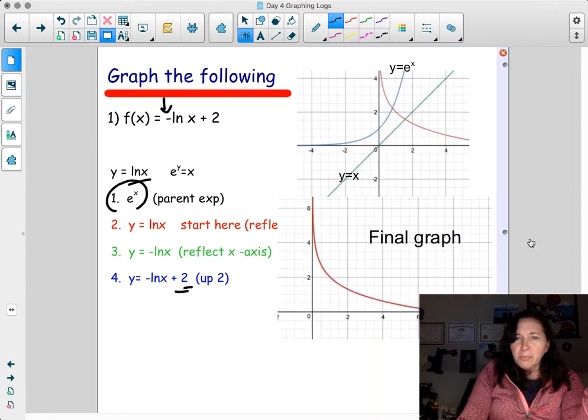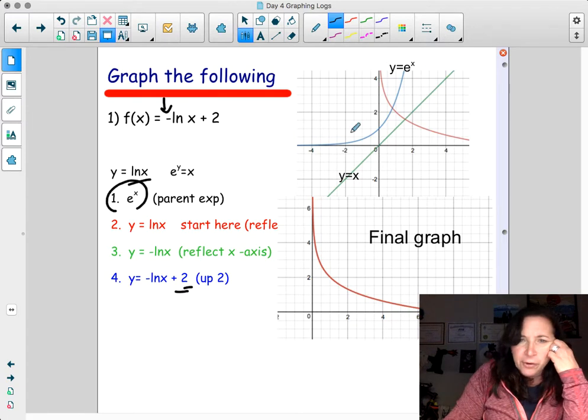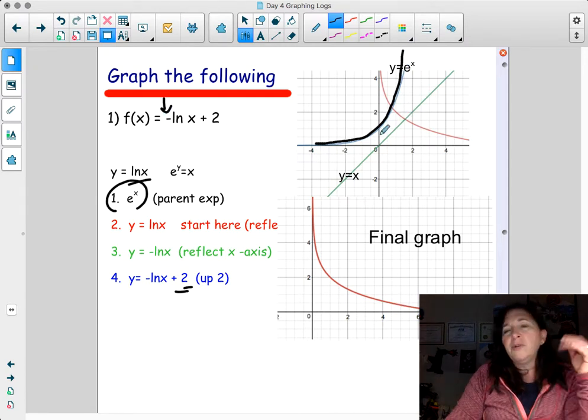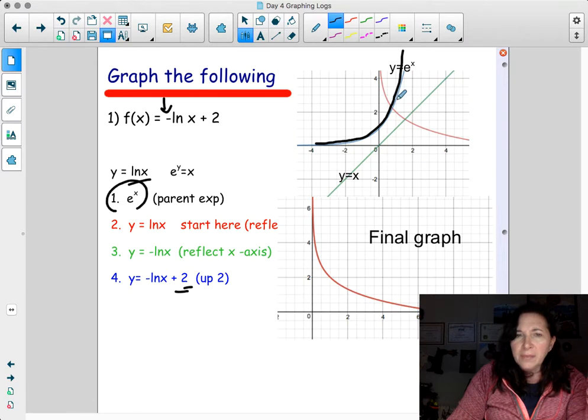So there's just a couple of different steps. The first thing we did here was, if I were to change ln of x to e to the x power, that's your e to the x power right here. And then this negative sign, because you do the reflections first, is asking you to reflect it across the x-axis, and so that would be something like this.